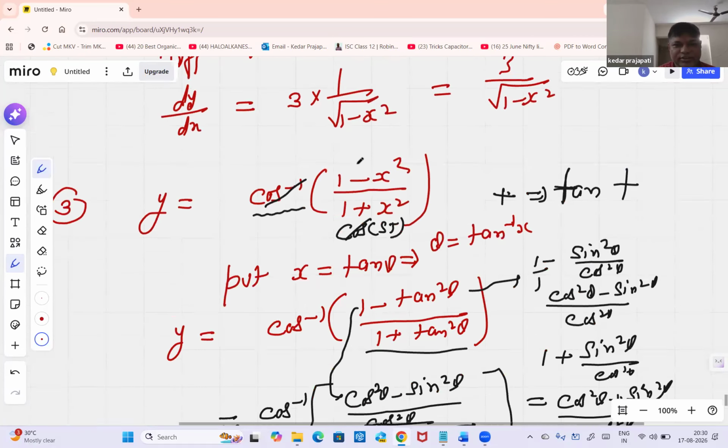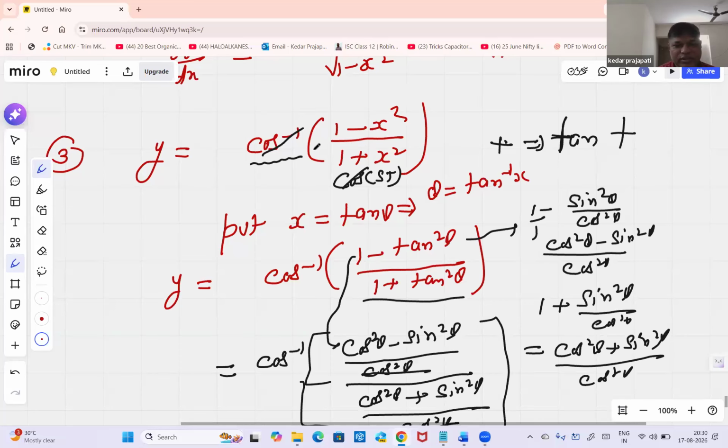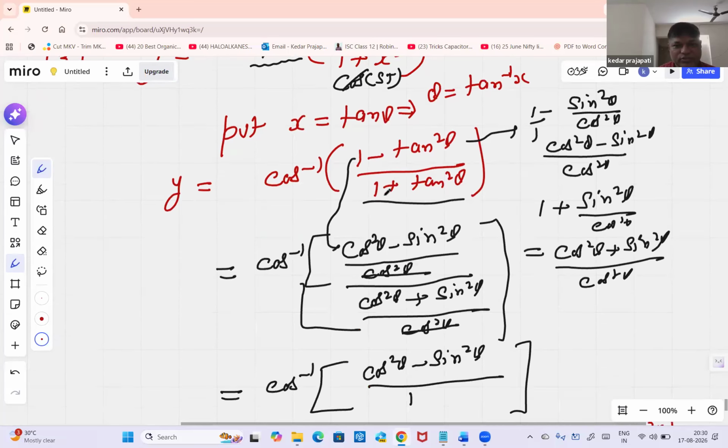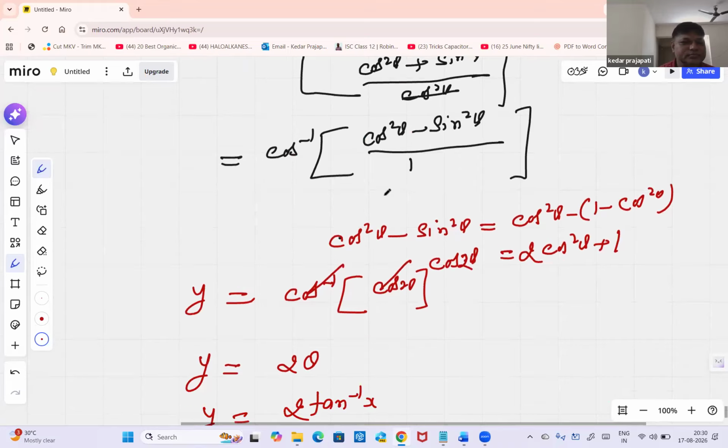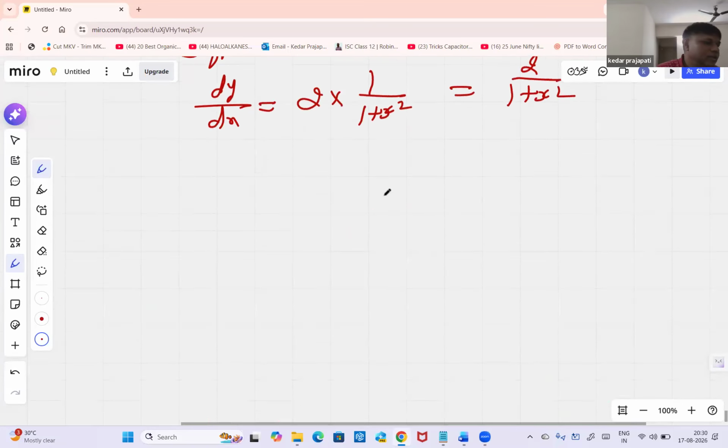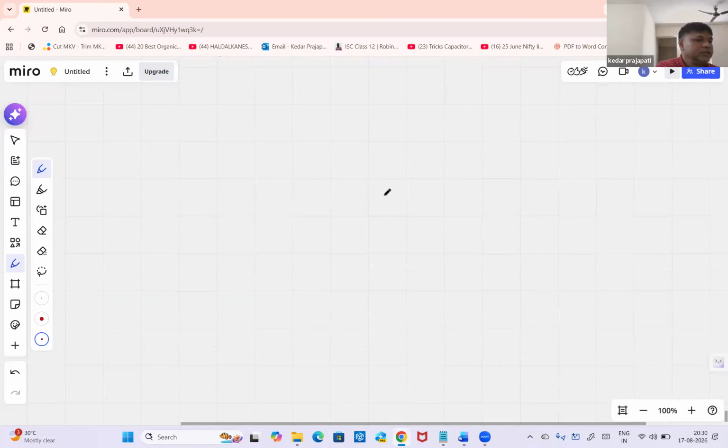Here we are applying trick, because inside I want to get cos. Cos came here. Right? So tell me which question is difficult now to solve. Easy, right?